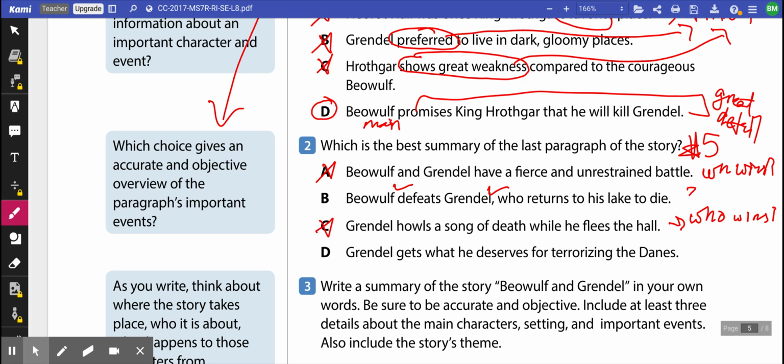It doesn't give me how it ends. Okay. So D, Grendel gets what he deserves for terrorizing the Danes. Uh-oh. It says Grendel gets what he deserves. Guys, that is very much opinion. That cannot be your answer, which means your answer is B.